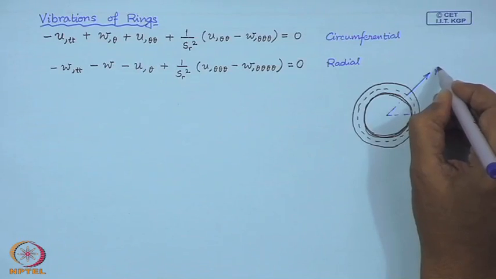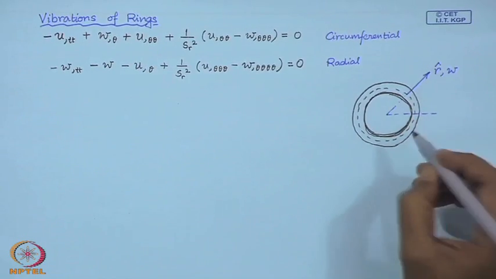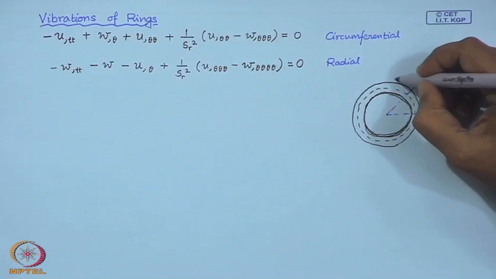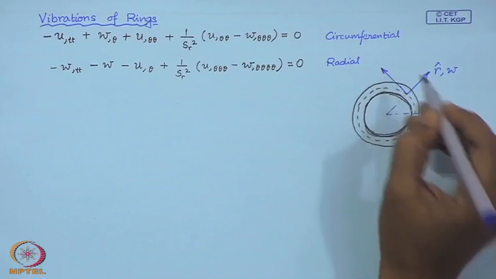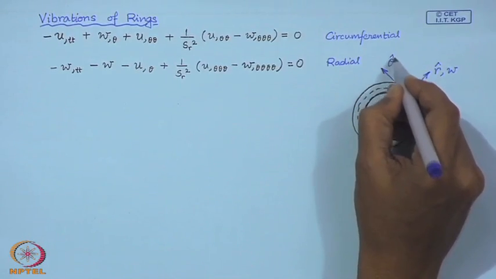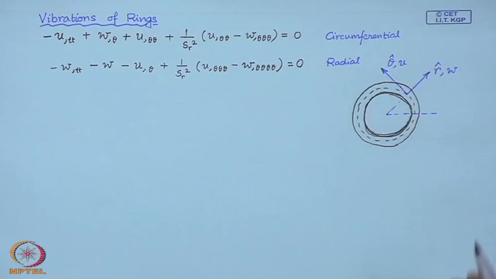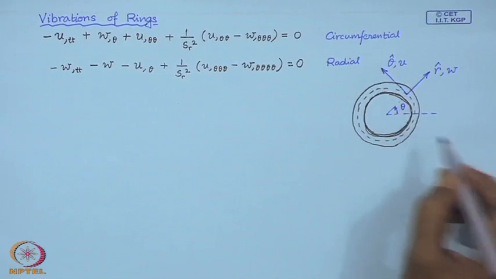So, this is the radial direction, and this is the circumferential or tangential direction. This is the angle theta.